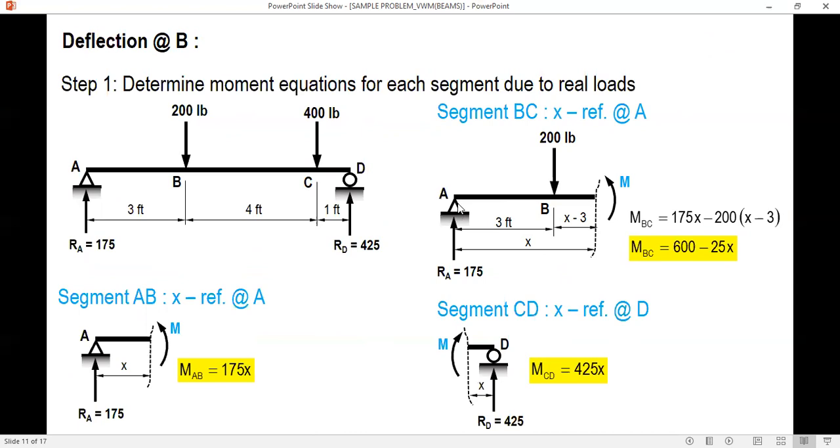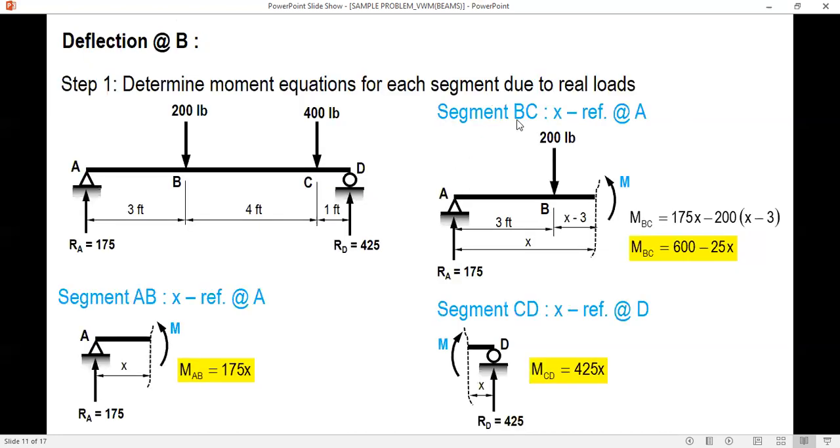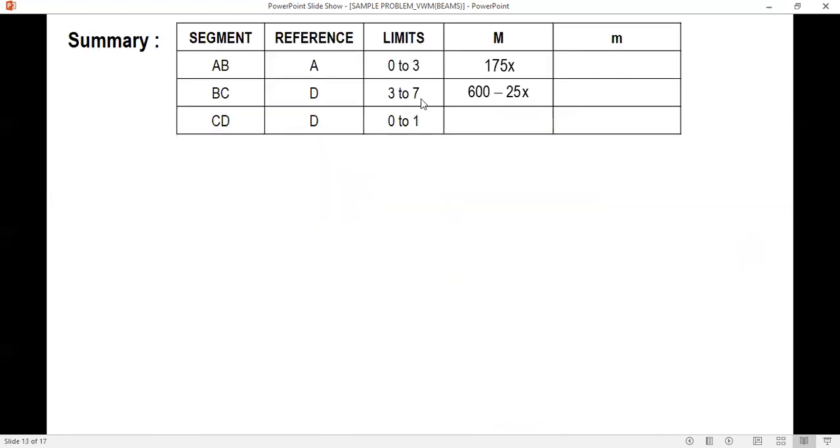The reference is A and we have segment BC. So, to get the limits, what's the distance of B from the reference A? Of course, 3. Therefore, our lower limit is 3. What's the distance of C from A? Of course, 7. So our upper limit is 7. 3 to 7.